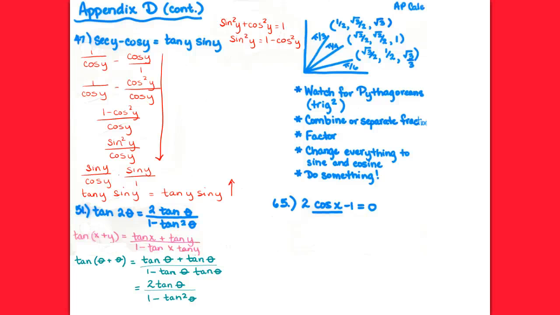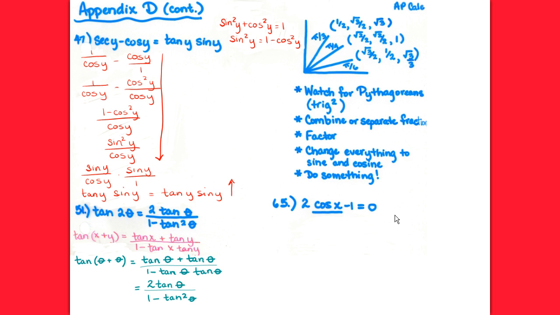The other type of problem that we did with this last year was ones where we would solve the trig equation. What we mean by that is, like for 65, it says find all the values of x in the interval 0 to 2 pi that satisfy the equation. It's the same idea as if they had said solve 2 cosine x minus 1 equals 0 between 0 and 2 pi.